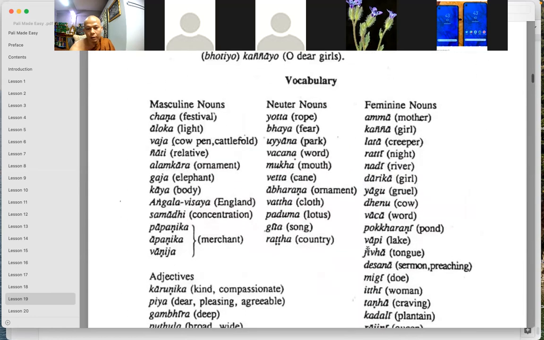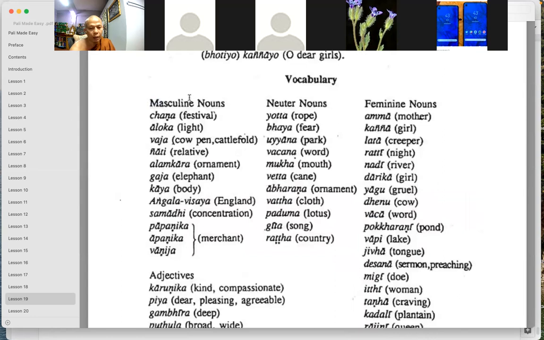Now vocabulary. So masculine nouns. These are masculine nouns. Chhana means festival. And aloka, light. And vaja means cow pen or cattle food. And nyati, relatives. And alankara, ornament.